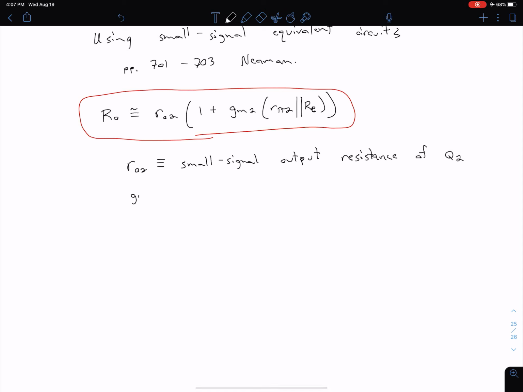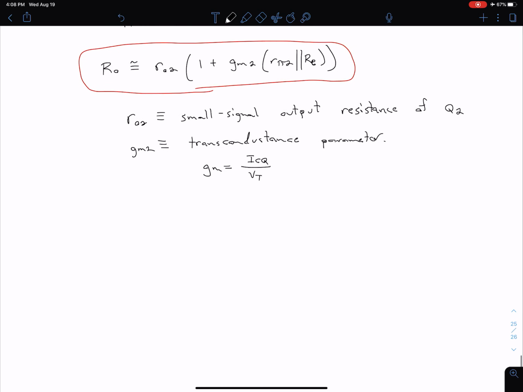Our gm2 is what we call the transconductance parameter. As we had seen in a previous class, our gm in general is equal to ICQ over VT, where ICQ is our quiescent collector current and VT is our thermal voltage.